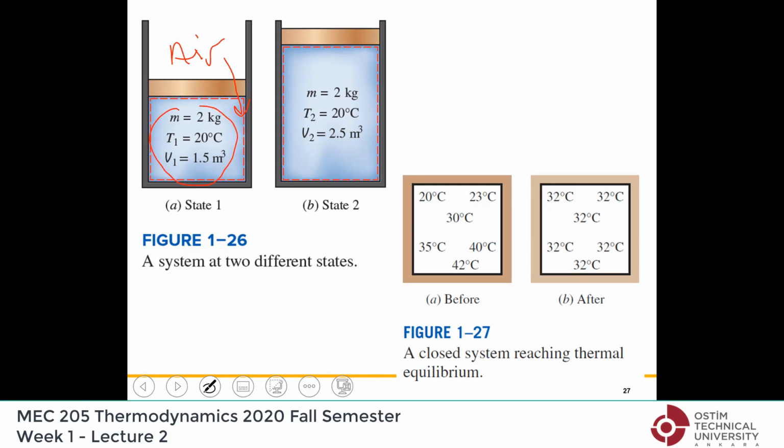If, let's say, this expands and the volume becomes 2.5 cubic meters, and heat is transferred or something, and temperature and mass remain constant, now this is another state. Even if just one property changes, then the state changes.